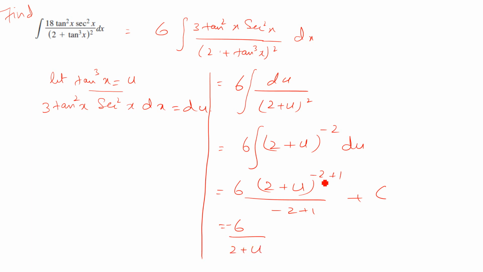Minus 2 plus 1 is negative 1, so we have minus 6 over 2 plus u plus c. Now by backward substitution, we have minus 6 over 2 plus tangent cube x, because u is tangent cube x according to our substitution, plus c.